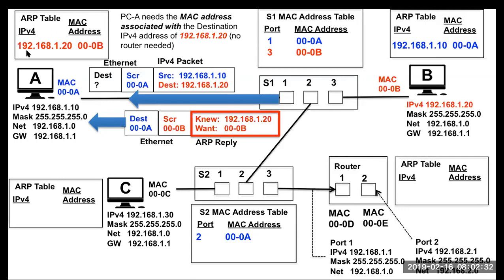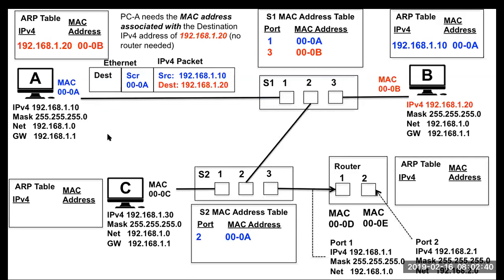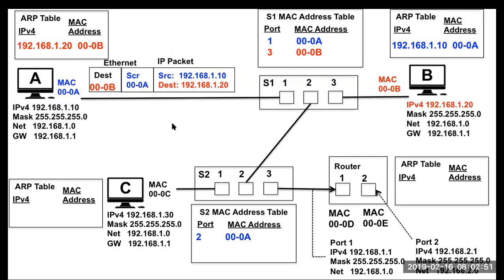Now it knows to reach 192.168.1.20, it needs to send it to this NIC card 000B. All right, so it can now take this packet off hold, put in the destination MAC address 000B, and send that out of its NIC card.